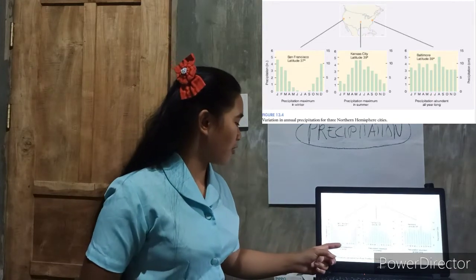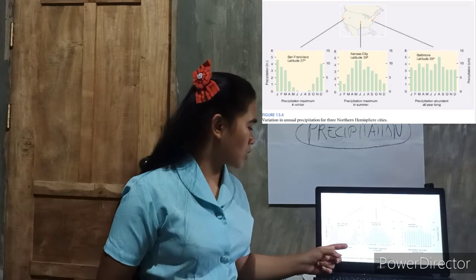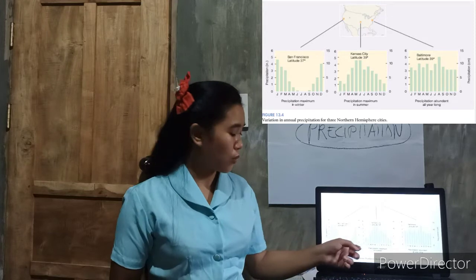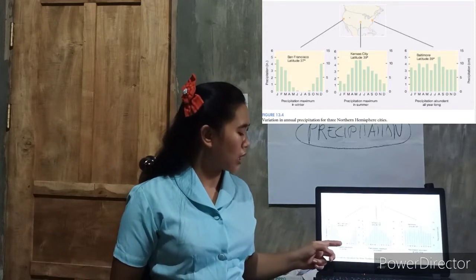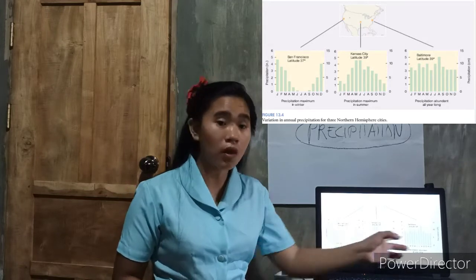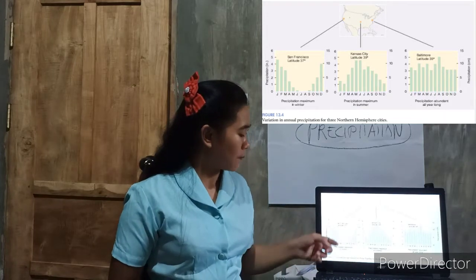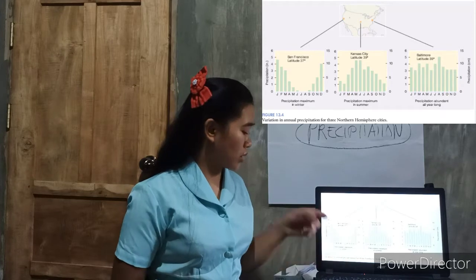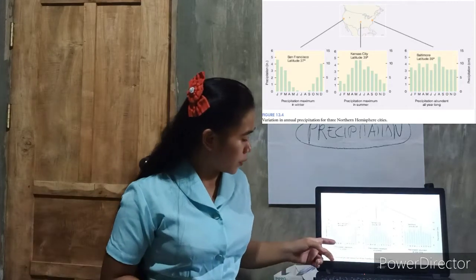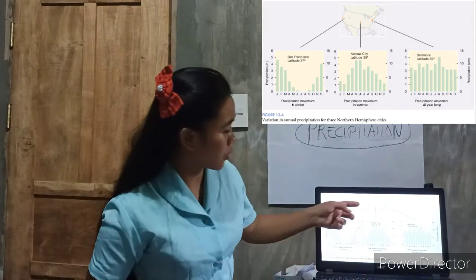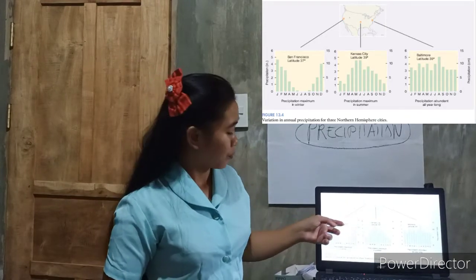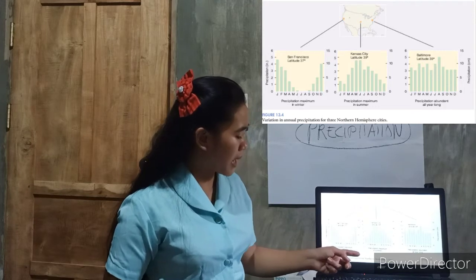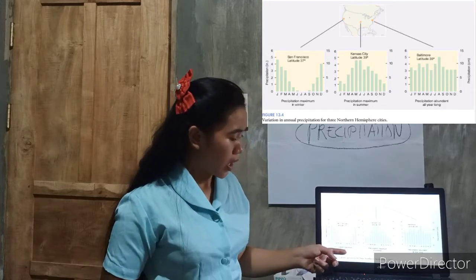Below this are the months: January, February, March, April, May, June, July, August, September, October, November, December, all throughout. And this shows how much precipitation occurs. As you can see in San Francisco, in the West Coast, what do you observe? Precipitation is maximum in winter.